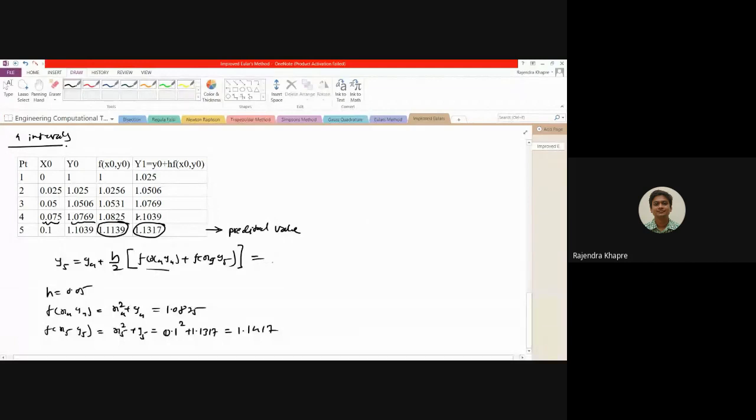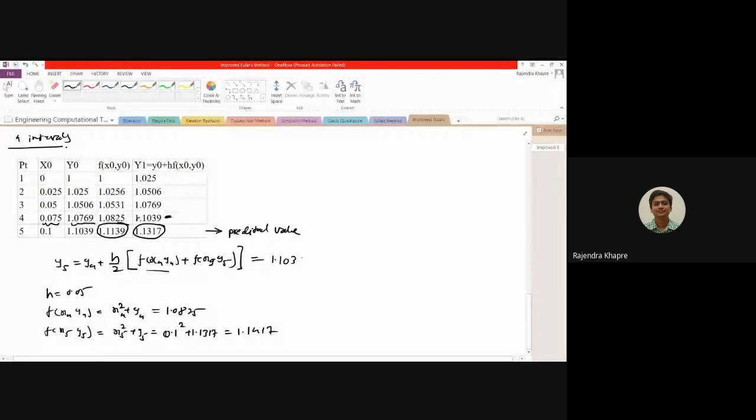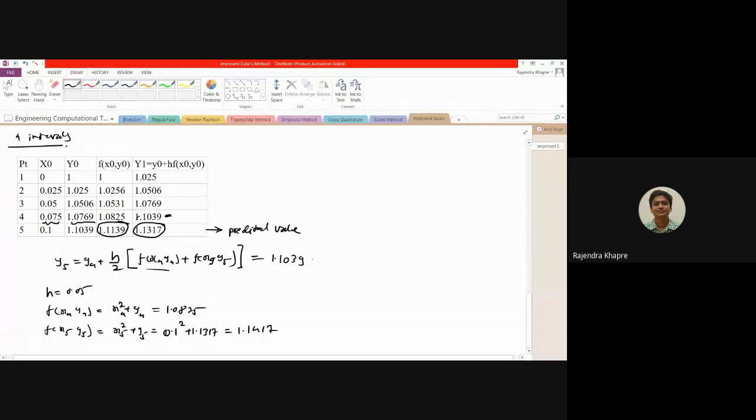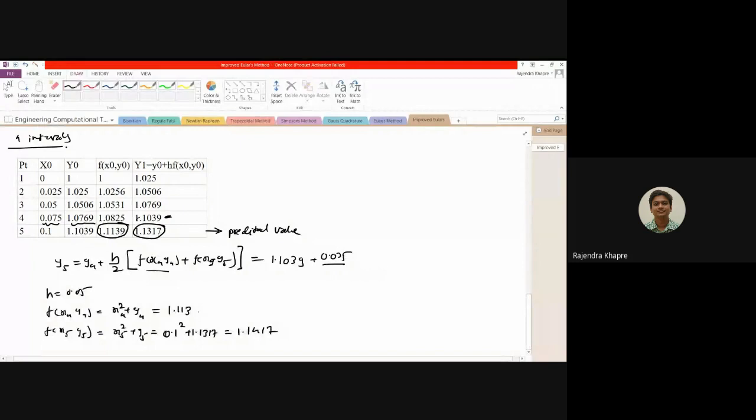So y4 is this value, 1.1039, and plus h by 2, where the h value is 0.025. I think I wrote this wrongly here, this should be 1.1139.